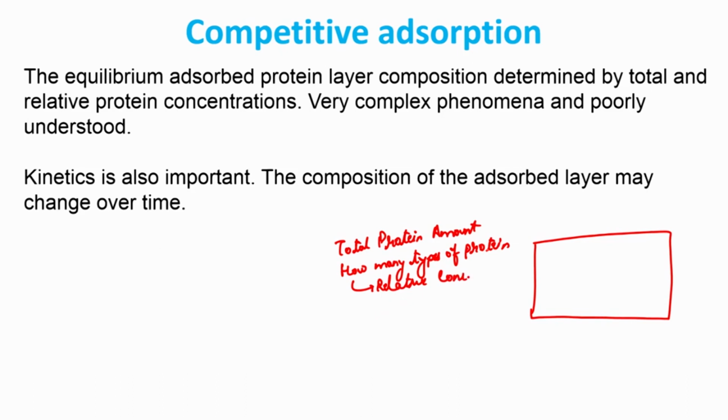So, if let us say one protein, even though it is at a lower concentration, gets completely adsorbed on the surface very quickly, then those will dominate, or otherwise vice versa will happen for other kinds of situations. So, the kinetics of these protein adsorption, and again the kinetics of different proteins will be different.